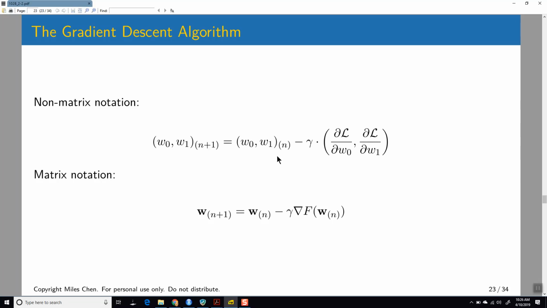And then we take this and subtract off gamma times the gradient, taking a step in the direction opposite of steepest increase, and we'll get our next iteration's location. In matrix notation, you can just say, your current w sub n, and you subtract off gamma times the gradient, and you get the next location there.